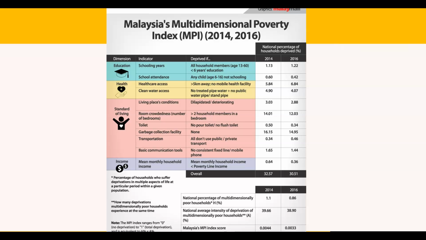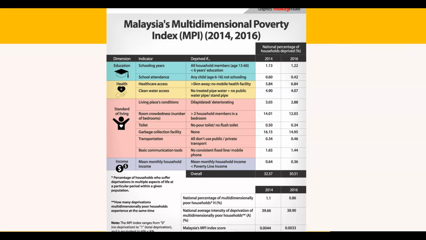A family is considered deprived if all household members aged 13 to 16 have less than 6 years of education, meaning they only went through primary level, like standard 1 until standard 6. They found that the Malaysian national percentage of households deprived on this indicator of schooling years increased from 2014 to 2016.